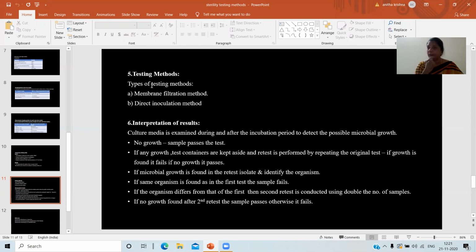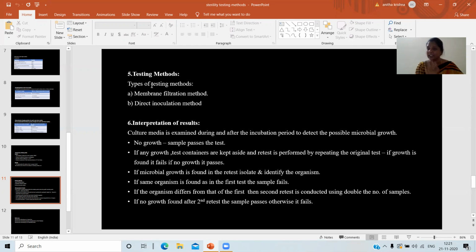In case the product is either penicillin or cephalosporins or any such antibiotic, then you need to add penicillinase enzyme to the fluid A solution, which is used for washing the membrane. Why? Because we are using an antibiotic, it has antimicrobial activity.